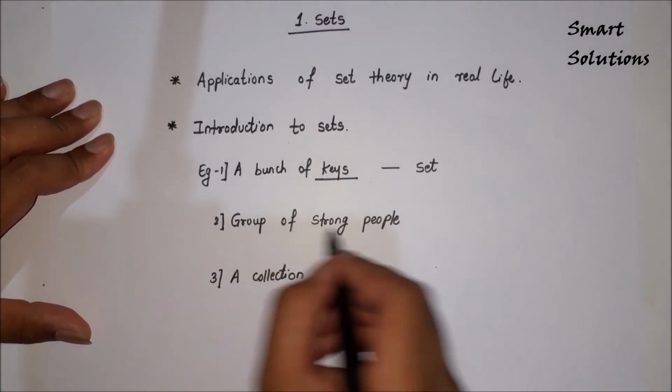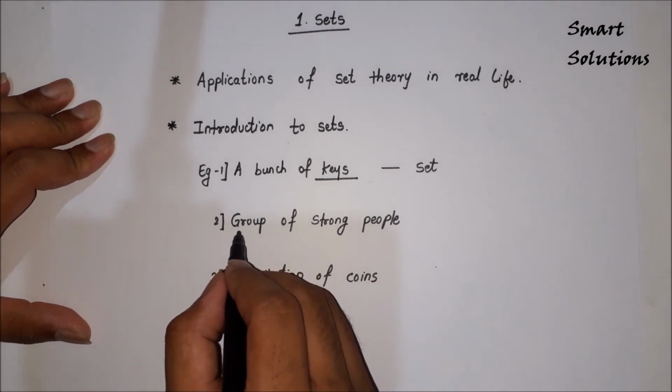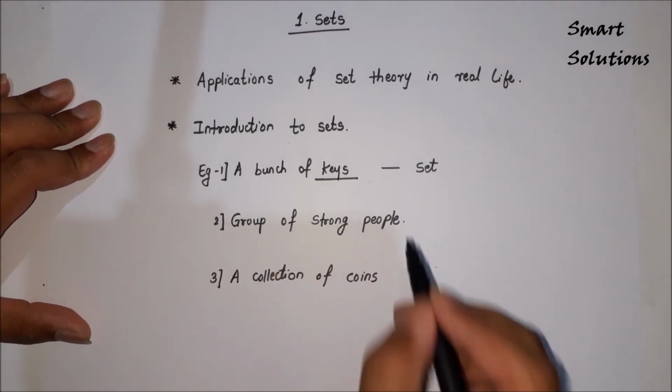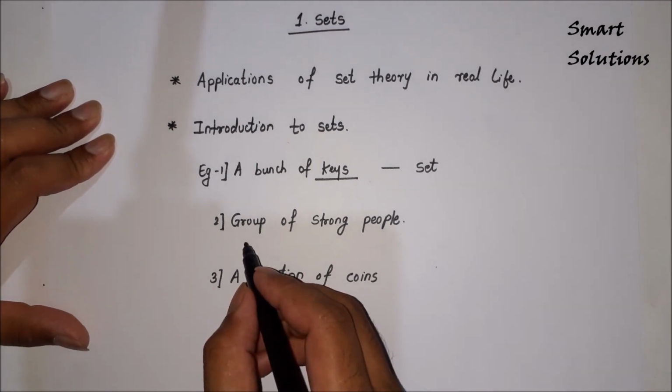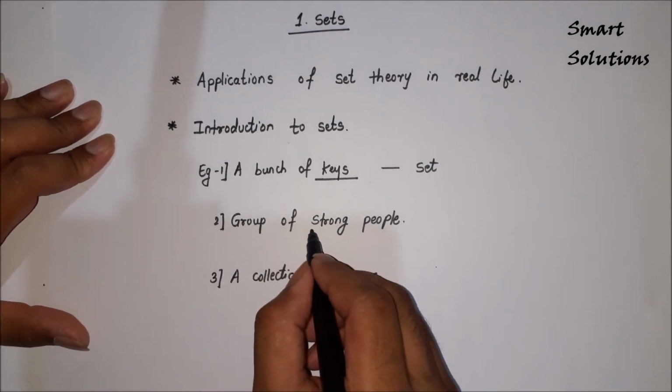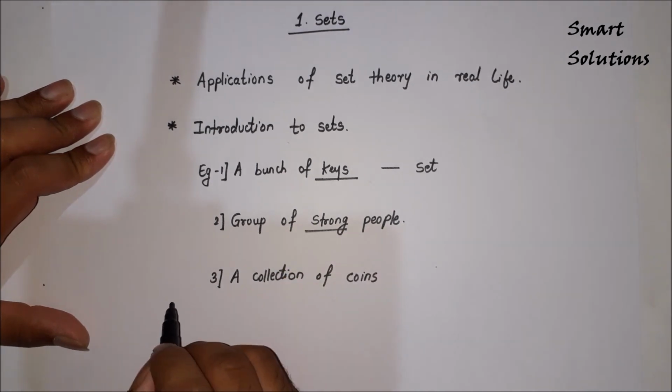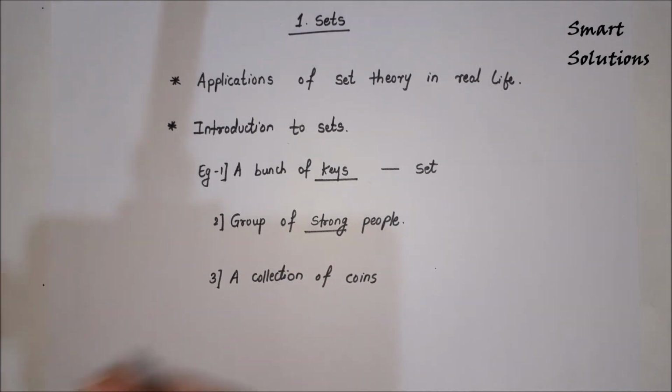Now look at the second example. We have a group of strong people, okay. So what do we mean by strong here? For example, say for me, strong means if a man can lift a weight of say 100 kgs, he is strong for me.